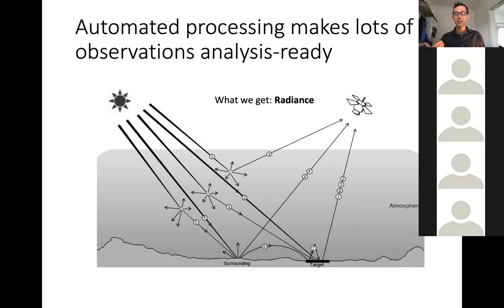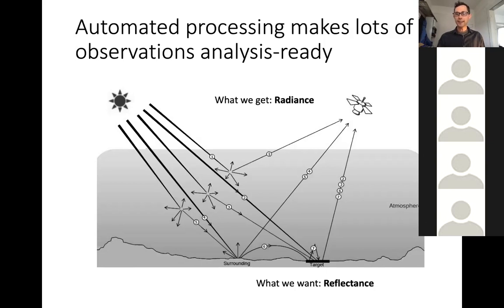But radiance is actually just a property of the interaction of the light source, in this case the sun, with the ground surface and the atmosphere. So we want data about the surface, a property of the surface called reflectance, but instead we get sort of a filtered and obscured vision of what this reflectance is because of the influence of clouds, of dust, of all sorts of different things that affect those measurements.